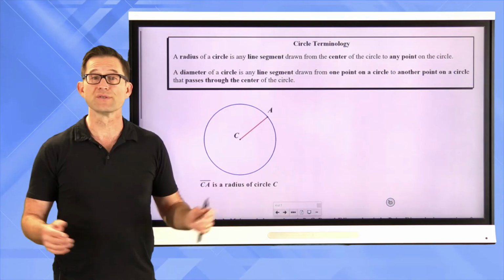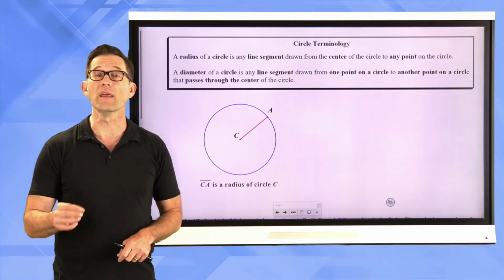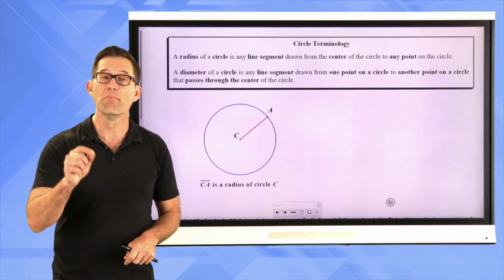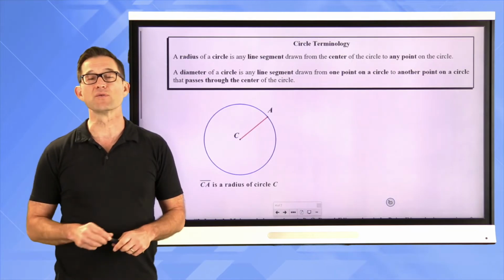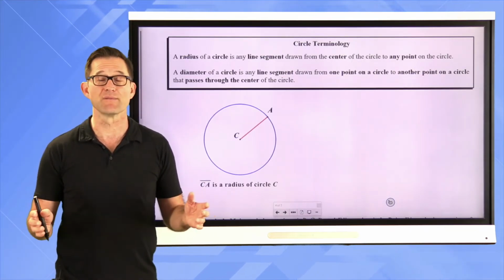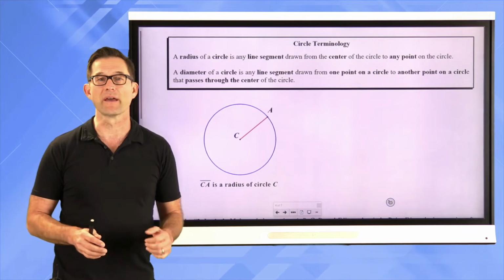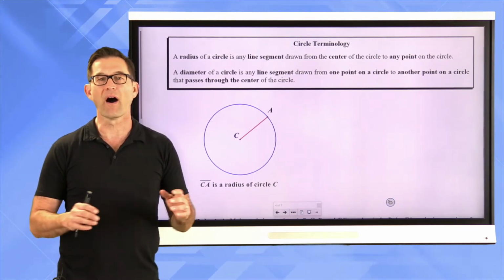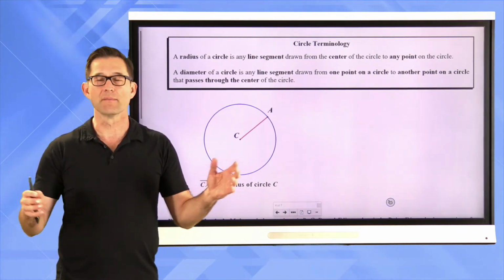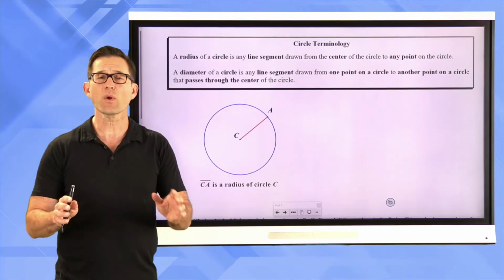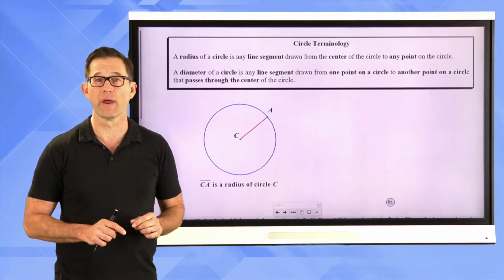Now, because circles have an infinite number of points, there are also an infinite number of radii, but they are all the same length. So sometimes when we talk about the radius of a circle, in formulas like pi r squared or 2 pi times the radius, we're actually referring to the length of the radius.